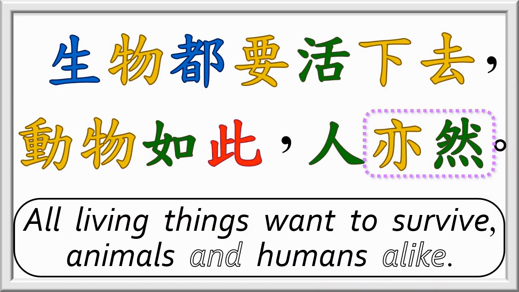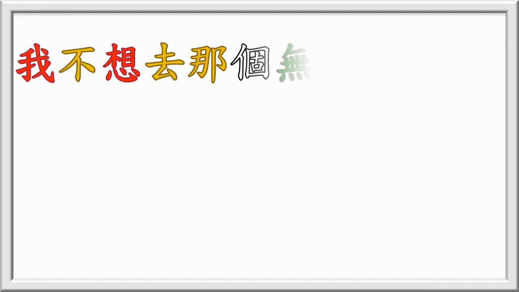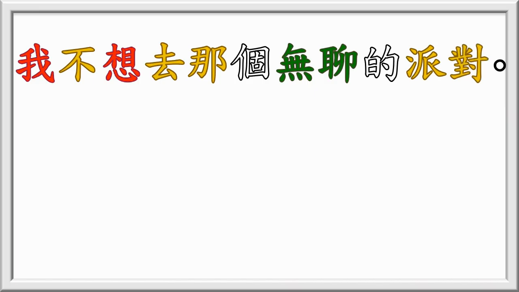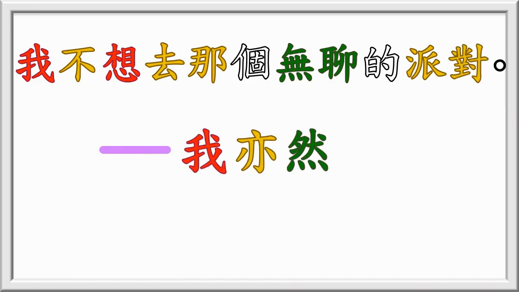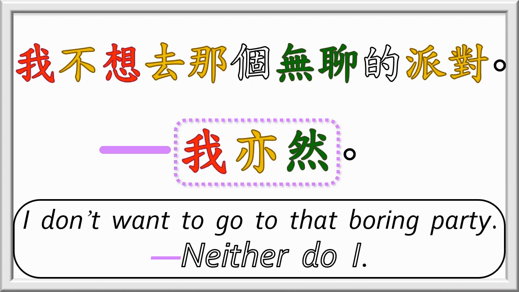The expression 亦然 means also, too, similarly, or alike, which would be rendered as 也一样 in colloquial speech. 生物都要活下去，动物如此，人亦然。All living things want to survive, animals and humans alike. 我不想去那个无聊的派对。我亦然。I don't want to go to that boring party.